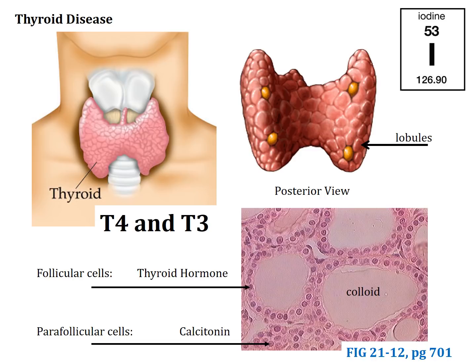The thyroid gland itself secretes thyroid hormone, and thyroid hormone is a combination of two products, T3 and T4. So when we say thyroid hormone, we're referring to both T3 and T4.